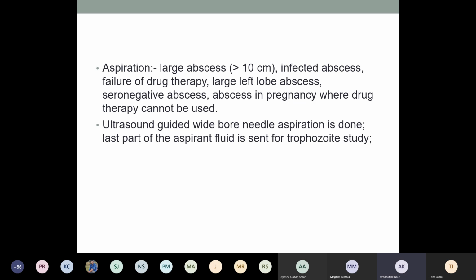This ultrasound guided wide bore needle aspiration should be carried out with all aseptic precautions. And the terminal part of the aspirated fluid should be sent for various biochemical and microbiological investigations, for detection of trophozoites, culture and sensitivity, and so on.